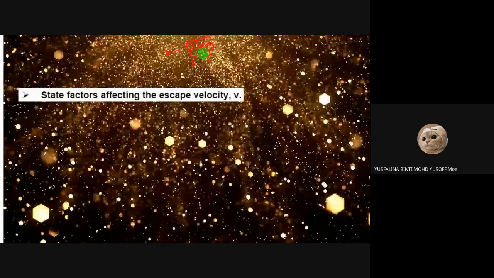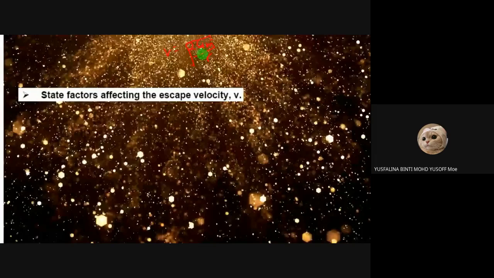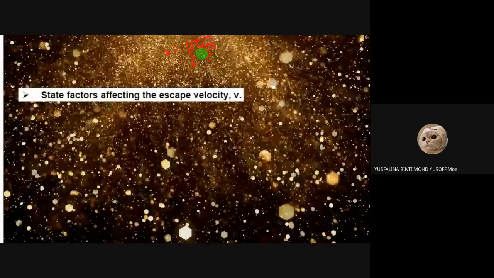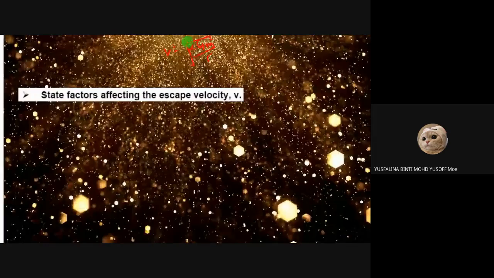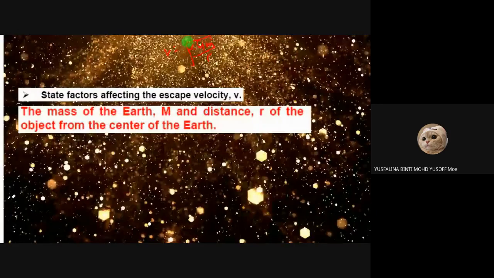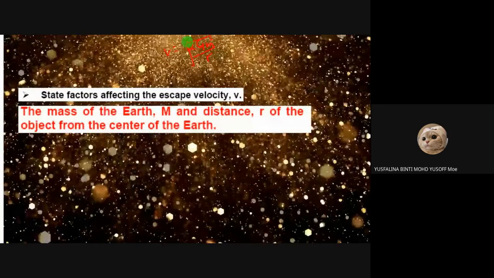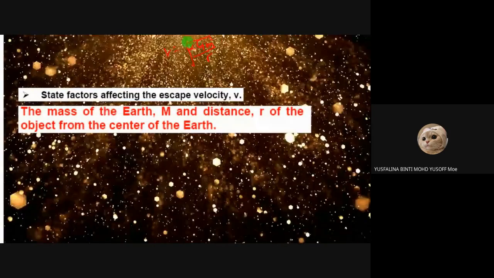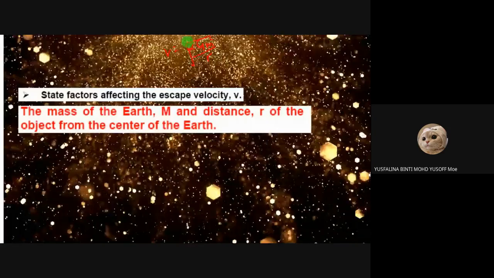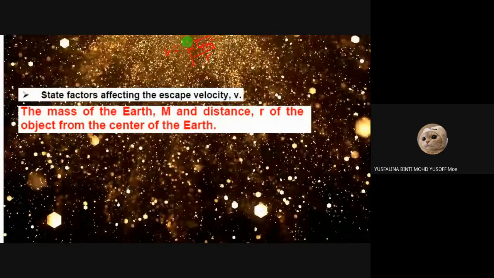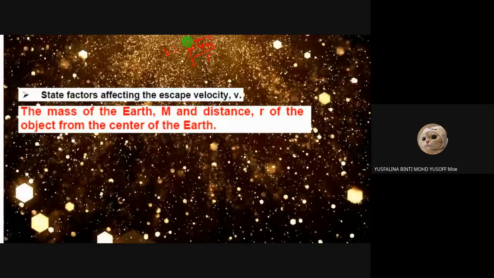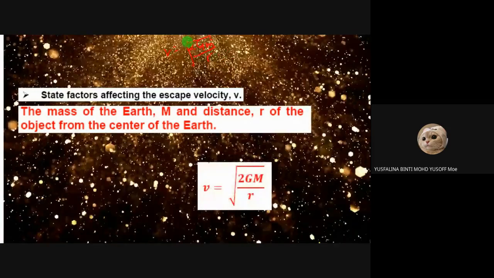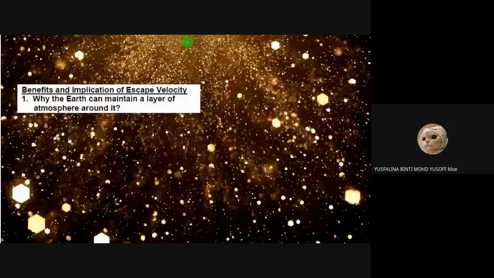So it doesn't affect the escape velocity. The ones that affect it are the mass, and also the value of r, the radius. So those are the factors affecting the escape velocity. G is not affecting because that one is a constant value. So this is the formula.